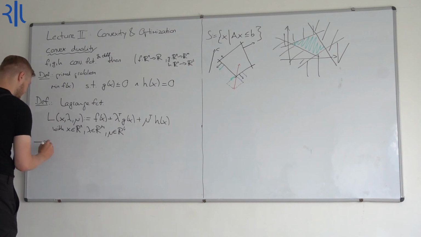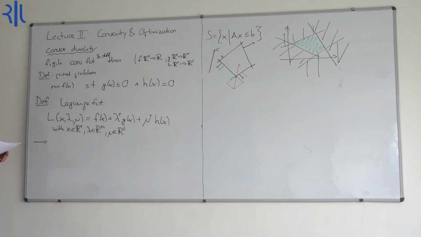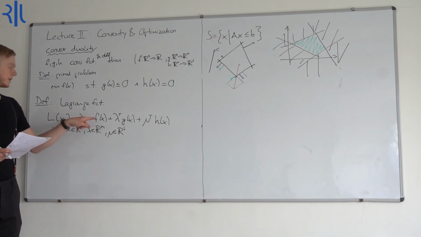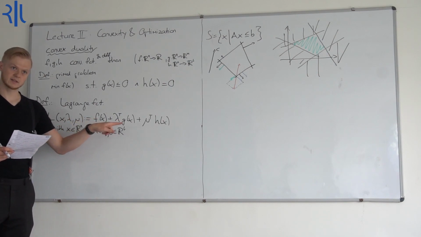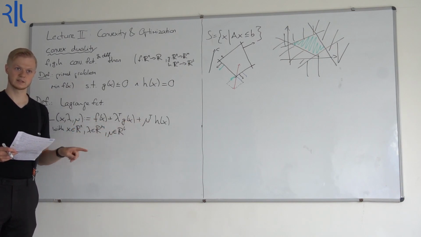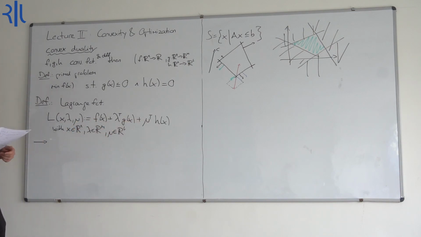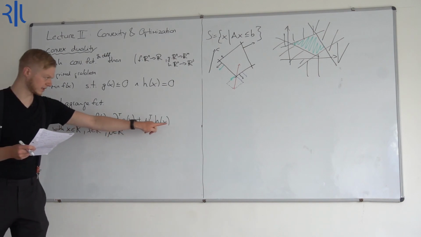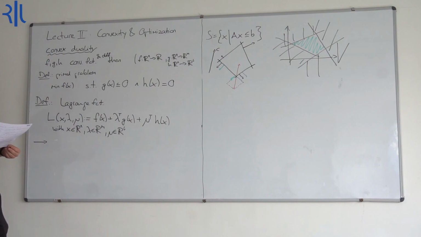So this function now has a few properties. It will be convex in x because every function here is convex in x. You can see in your homework, or this is even equal to 0. We will prove that in your homework.